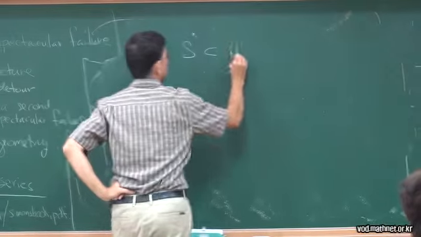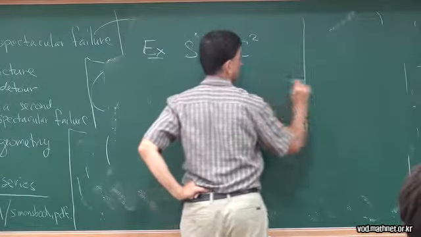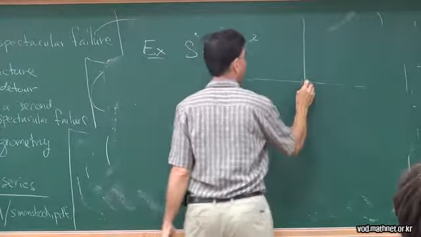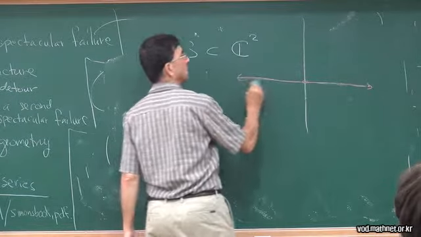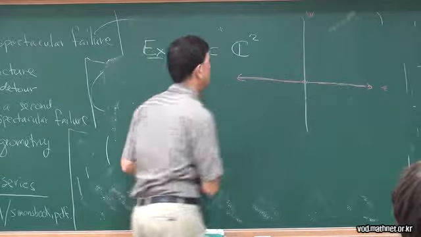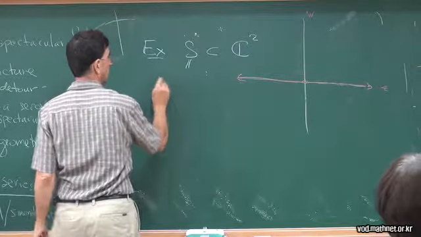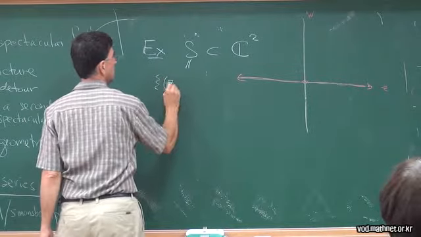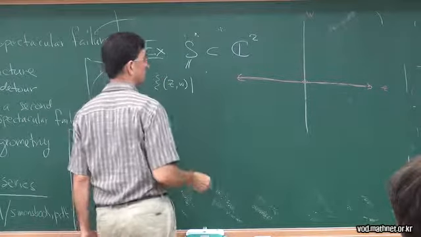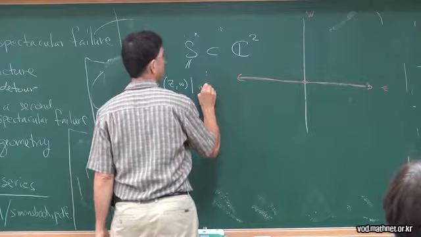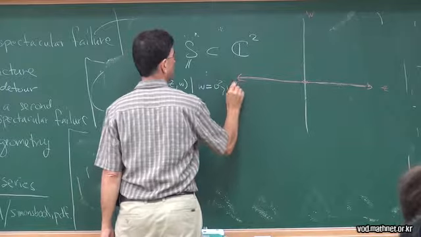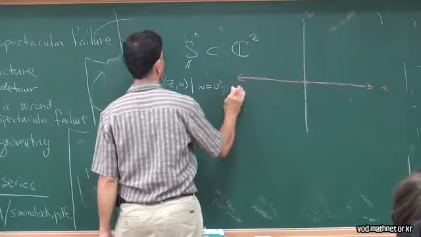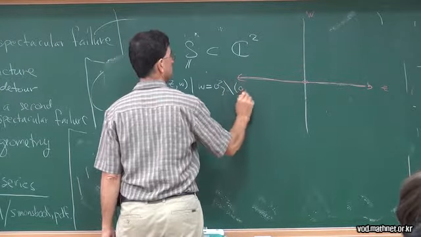Let's consider the set S contained in complex 2-space. And S will be the line, say if this is Z and this is W, the set of Z comma W such that W equals 0, union this point, minus the origin.